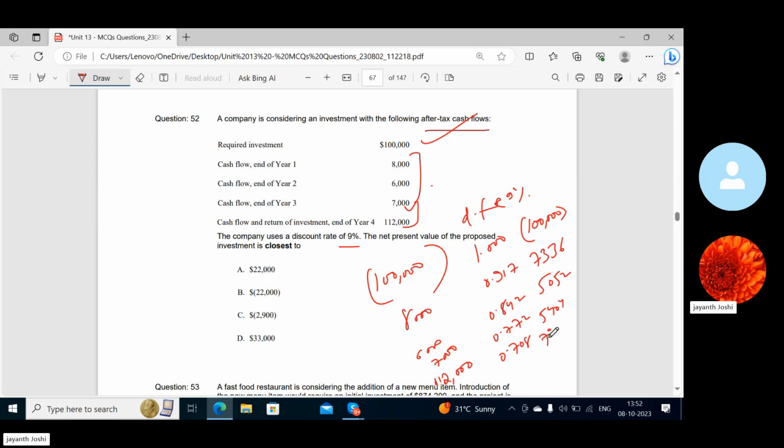Yeah, so you are getting this right. So if we subtract all, we'll get approximately 2009, a negative NPV, right? Yeah. Approximate. Okay.